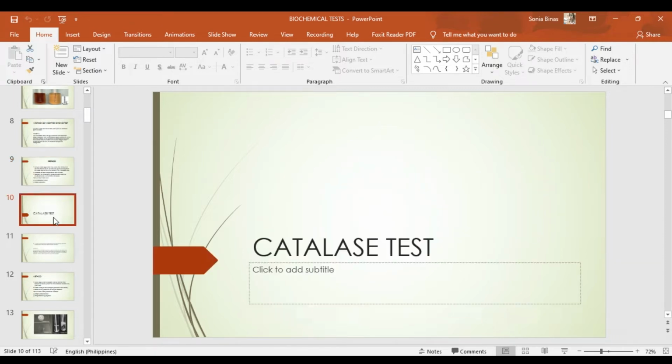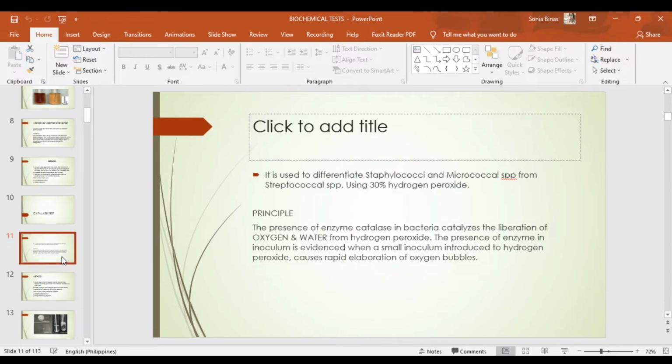So the next is our catalase test. Catalase test is used to differentiate Staphylococci and Micrococcal species from Streptococcal species using 30% hydrogen peroxide or our so-called agua oxinada.